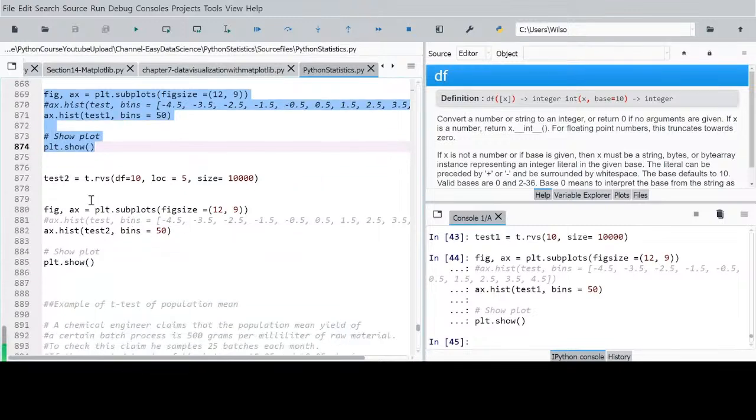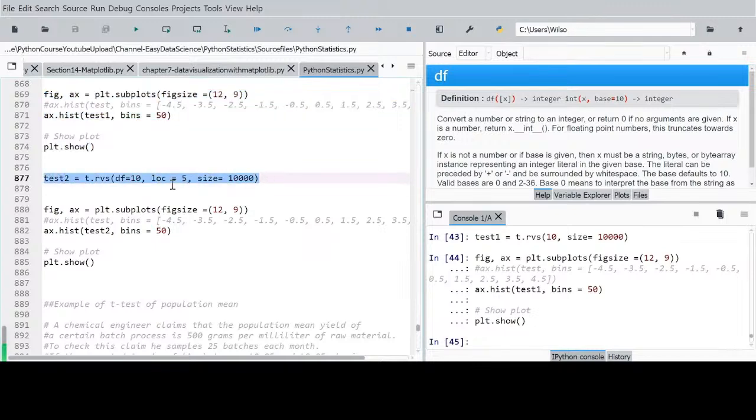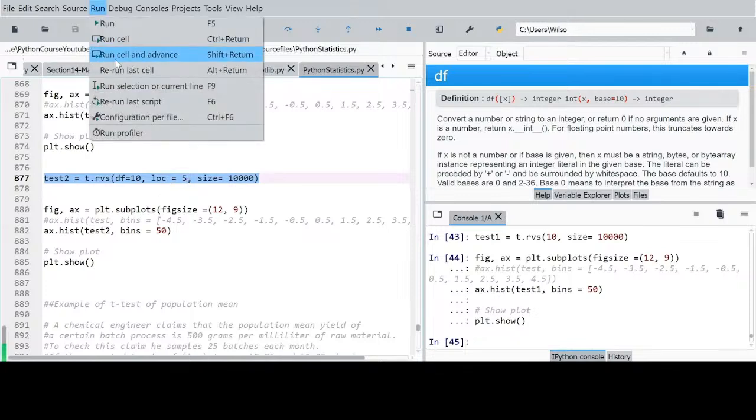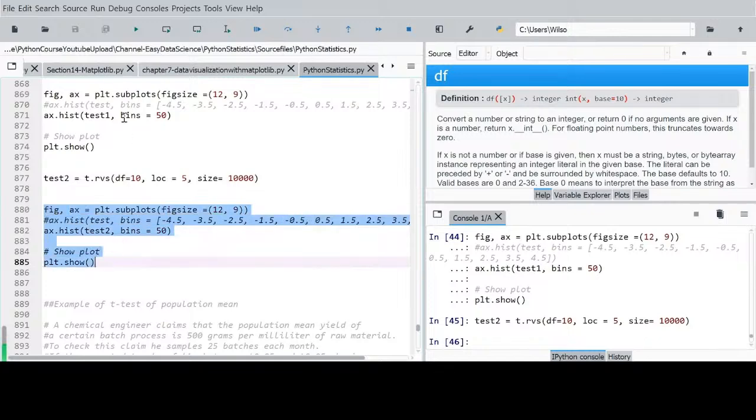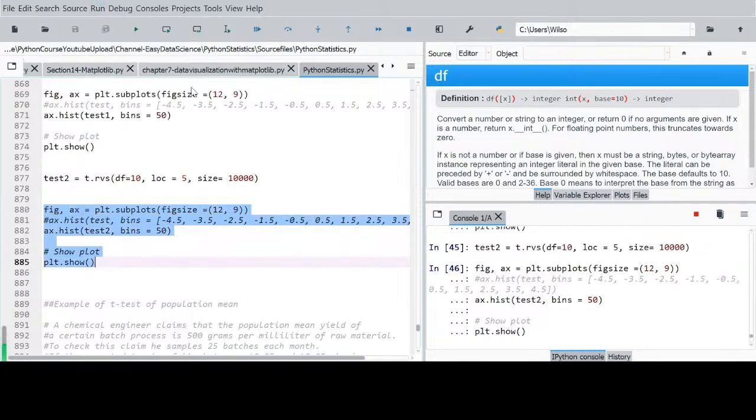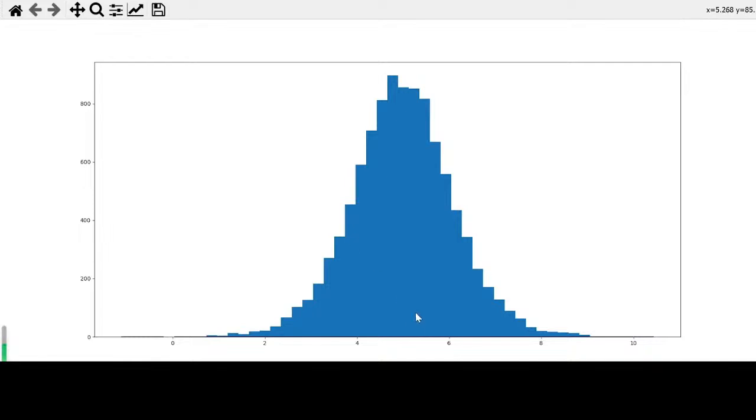So next we can set the location to 5, then again create 10,000 values. Plot the histogram again. This time the mean value or the mode is very close to 5 now, right?